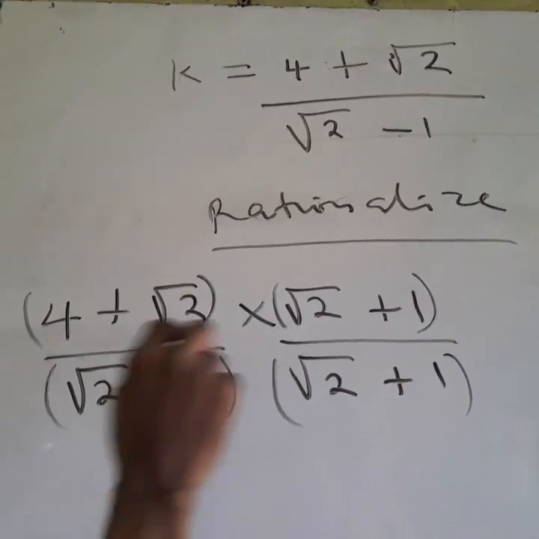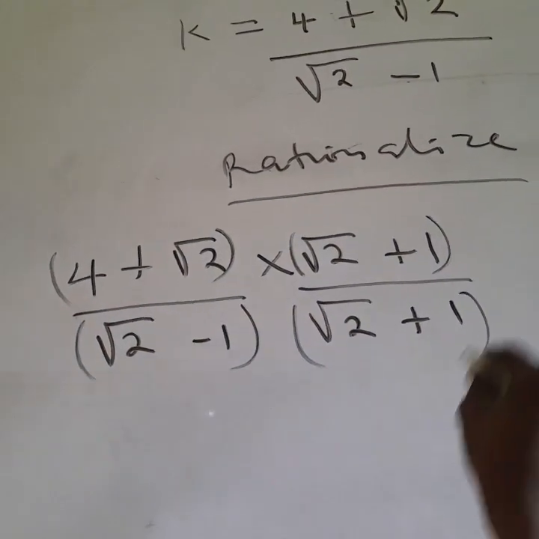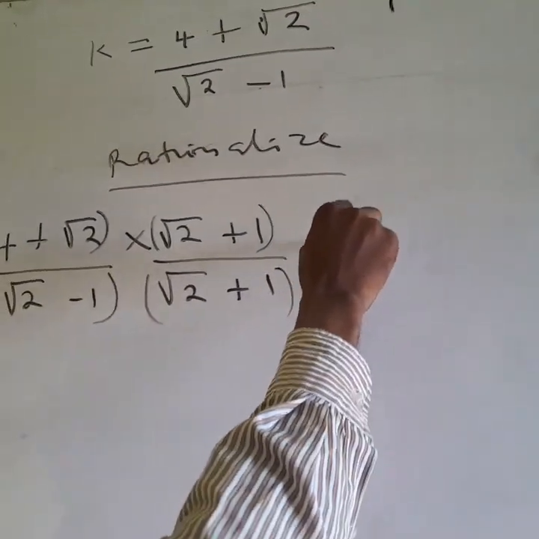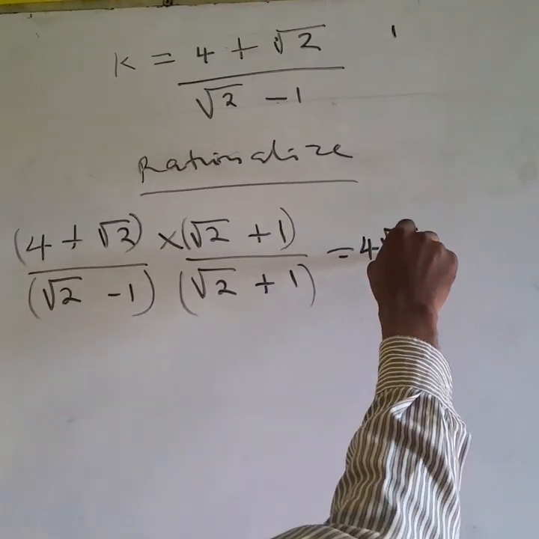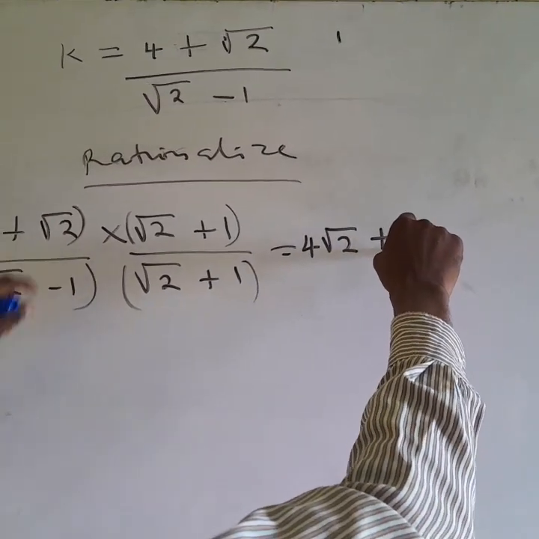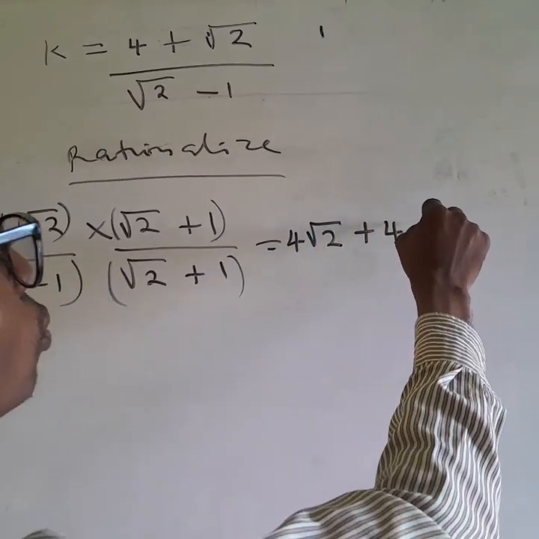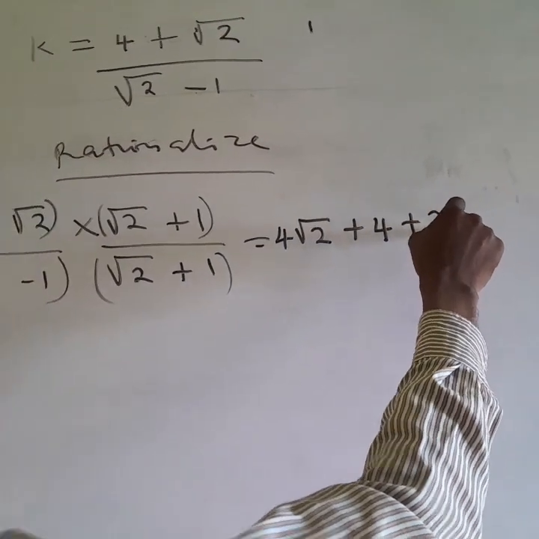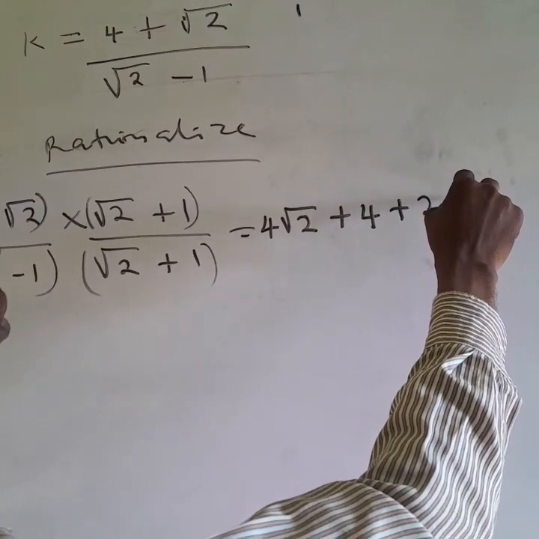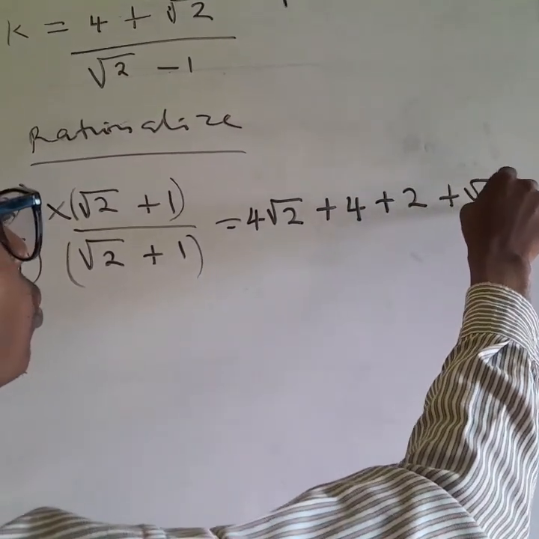So when you put it in a bracket, you expand it. Now let's expand it together. 4 times root 2 will give us 4 root 2. 4 times 1 will give us 4. Root 2 times root 2 will give us 2. Root 2 times 1 will give us root 2.